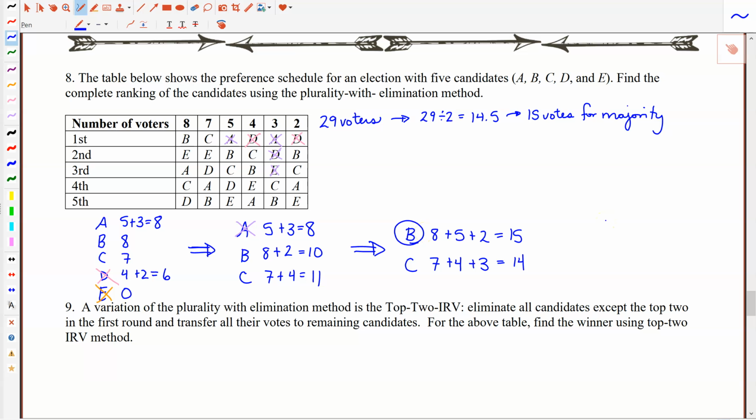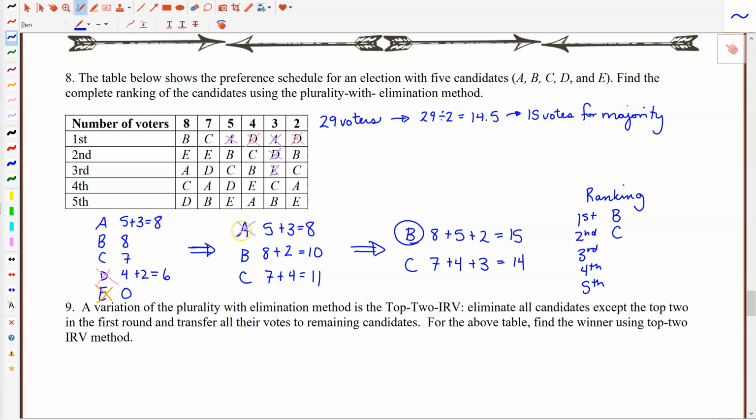Now remember, I don't want to just find the winner, I want to find my ranking. So I would have first, second, third, fourth, and fifth. Now my winner is B. The person who got matched up with B in the last round would be C, so they would get second place.